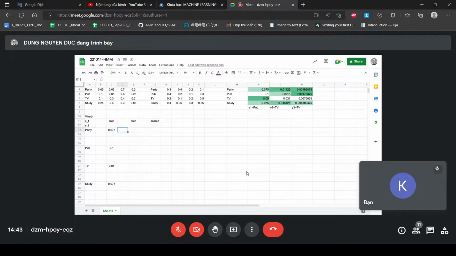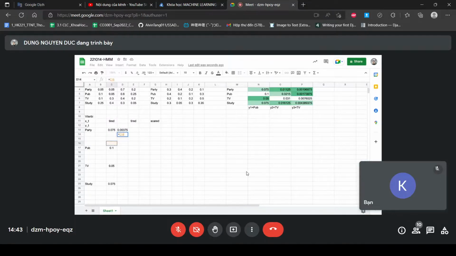So the joint probability now will be equal to this one multiplied with the transition from party to party, which is B4. Okay, this is one number. And you have to multiply them with the observation, but I think I don't need to multiply it yet because it is separate from what you know so far.